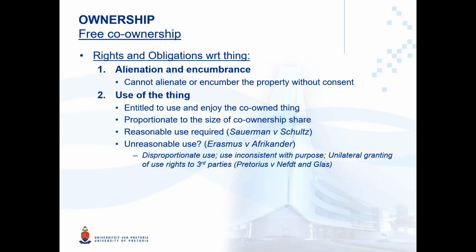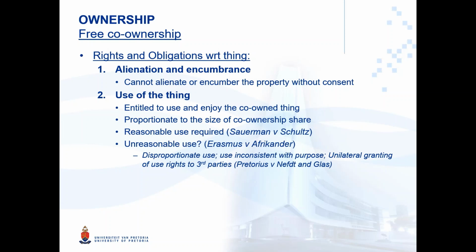So furthermore, specific manifestations of unreasonable use that are detrimental can be described as follows. Firstly, where a co-owner's use of the property is disproportionate to his or her undivided co-ownership share.